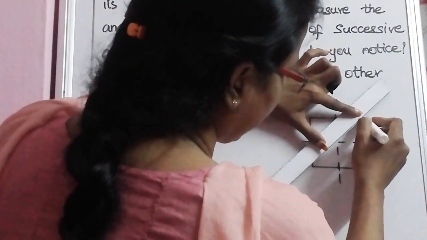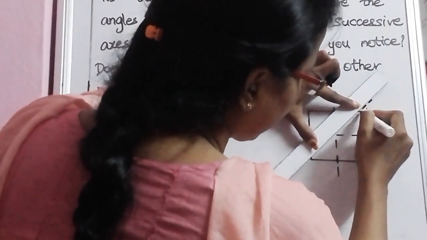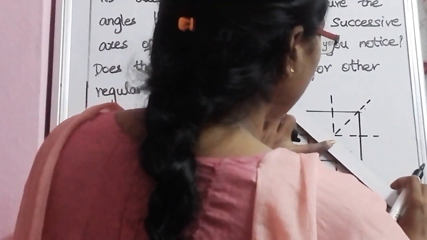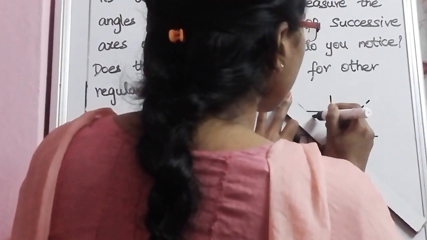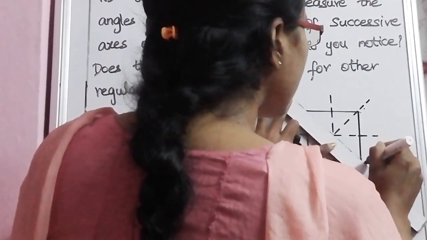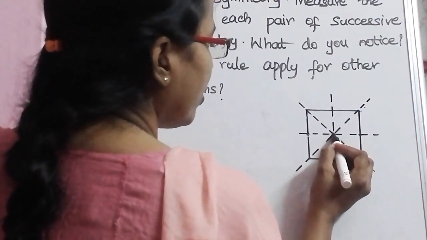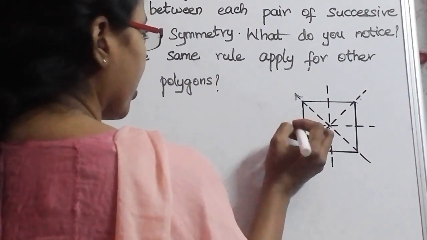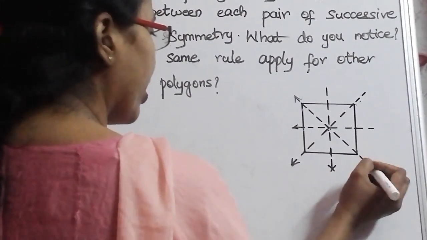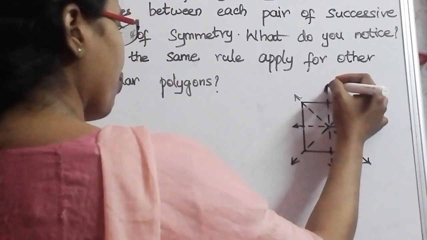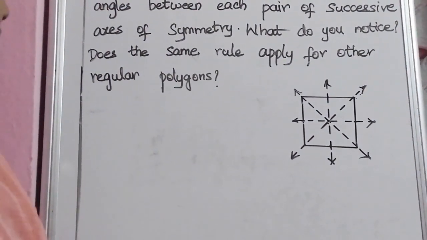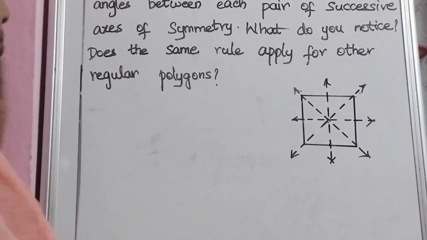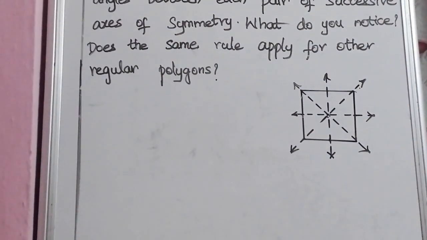Then here you can see that all these lines of symmetry are meeting at a point. So we are drawing the arrows showing that these lines of symmetry can be extended. So now let us write how many lines of symmetry or how many axes of symmetry are there for a square.